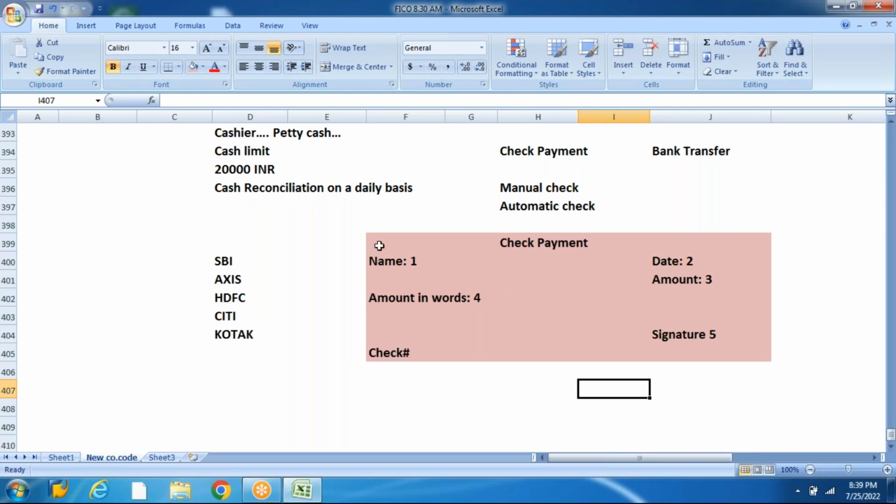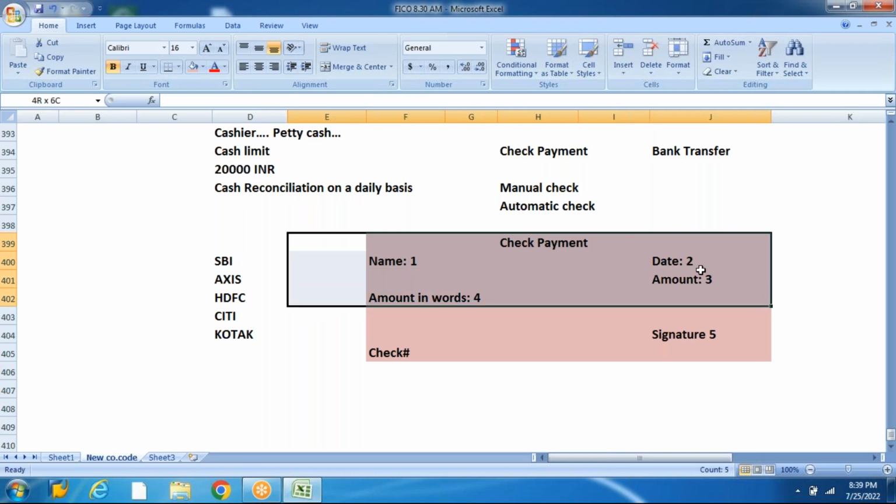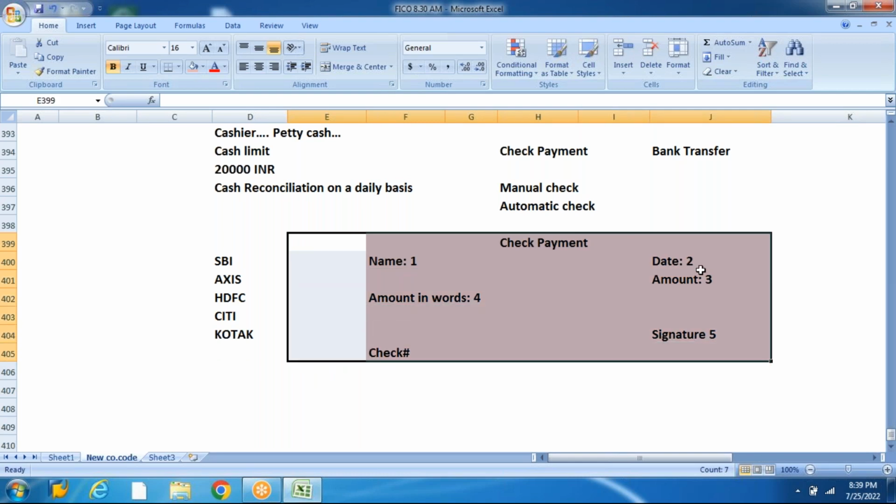Let's say your SBI check is this much. No surprise, your Citibank check may be a little bigger. It depends on the bank.